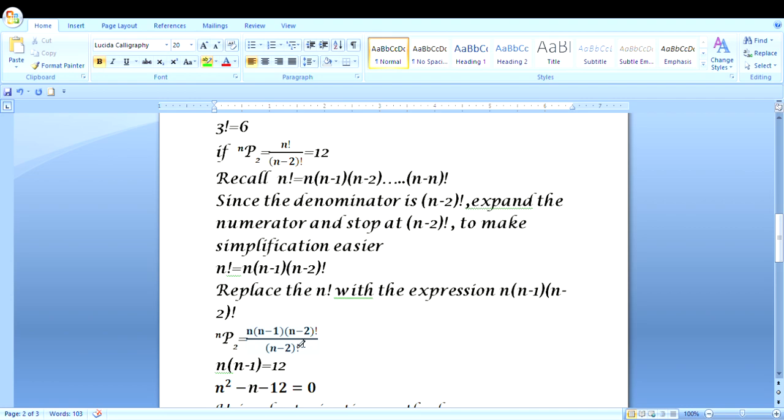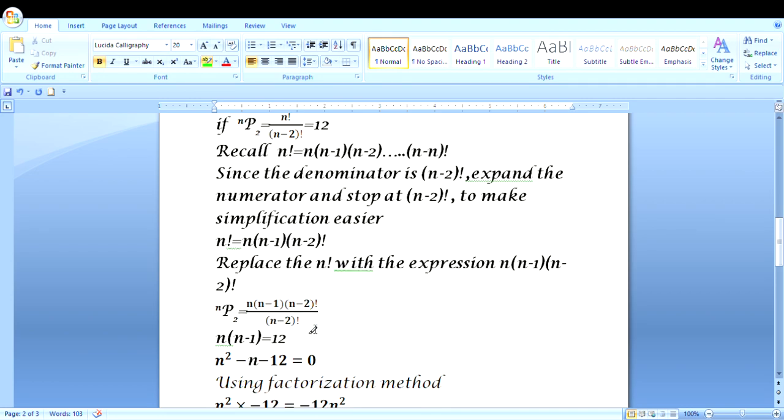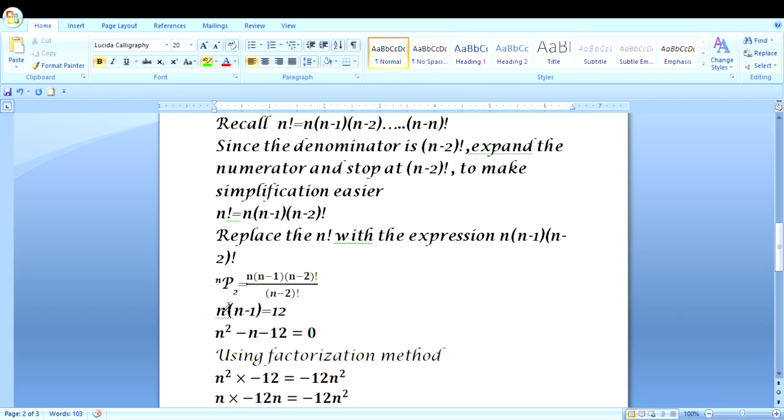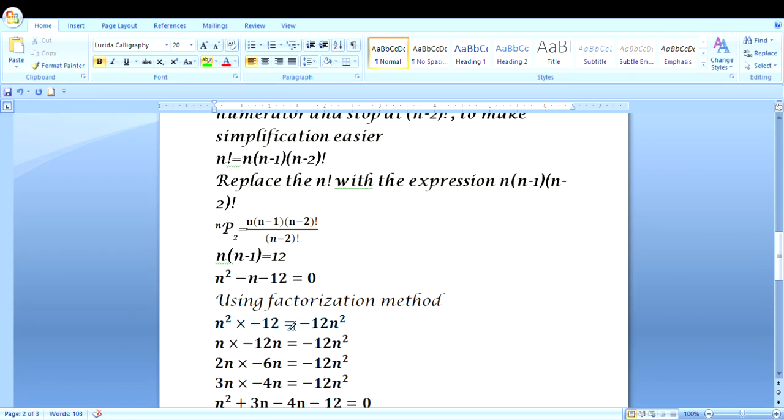Then (n minus 2) factorial cancels out at the numerator and denominator, so the expression becomes n times (n minus 1) equal to 12. If we open the bracket, n times n is n squared, n times minus 1 is minus n. Then if we move 12 to the left hand side, it becomes minus 12 equals 0. This is a quadratic equation.